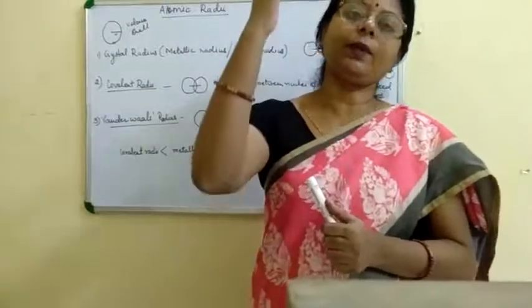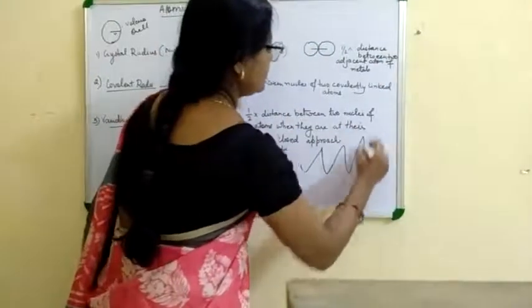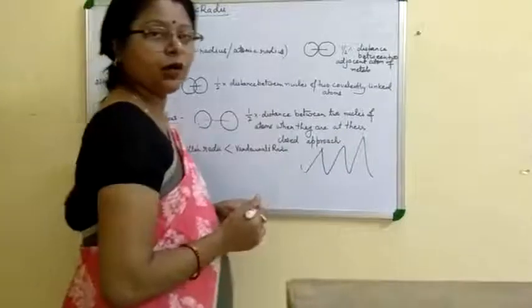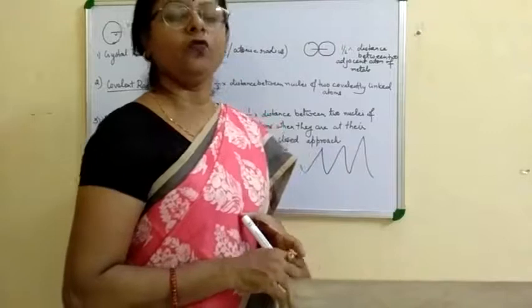These are found at the peaks of the curve like this. In these peaks, the first group elements are present as they have maximum atomic volume.